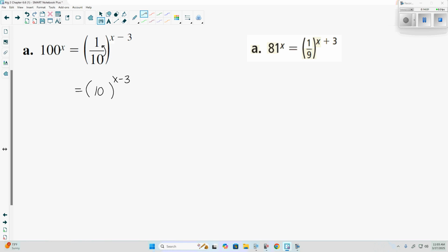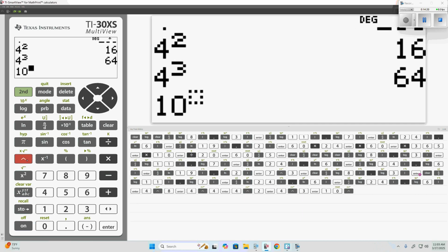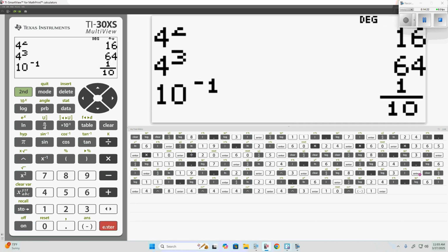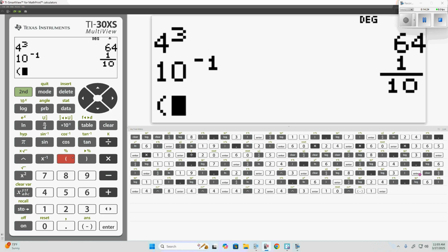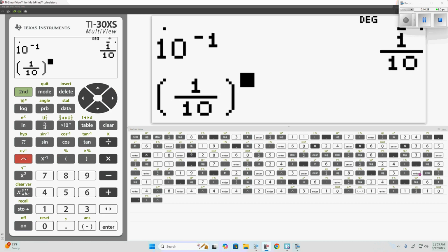But anytime we move a number above or below a fraction bar, the exponent goes from positive to negative or negative to positive. So 1 over 10 is the same as 10 to the negative first power. 10 to the negative 1 is the same as 1 over 10. Or 1 over 10 to the negative first power is 10.